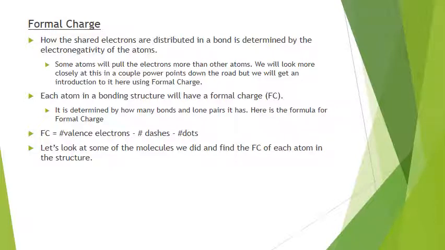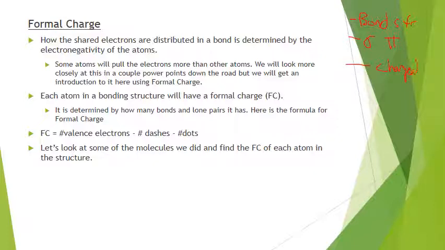The next thing we're going to look at is formal charge. So right now we looked at bonding structure. We looked at different types of bonds, sigmas and pi's. Briefly we talked about charge density.